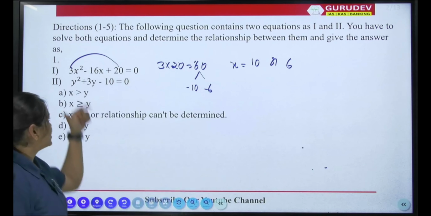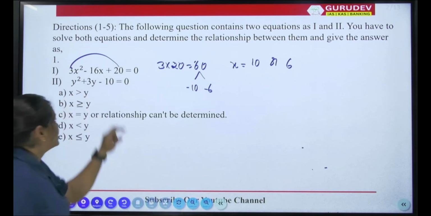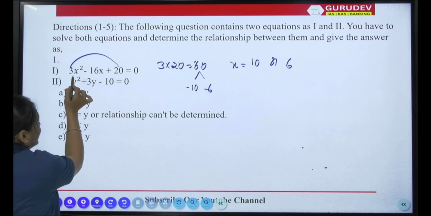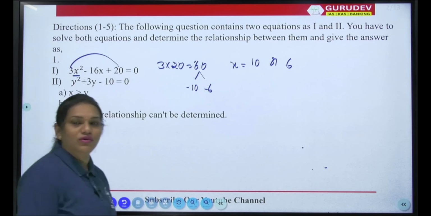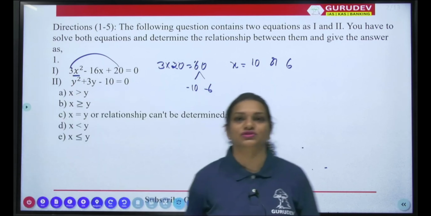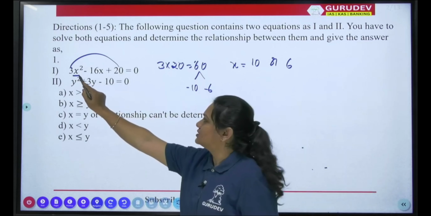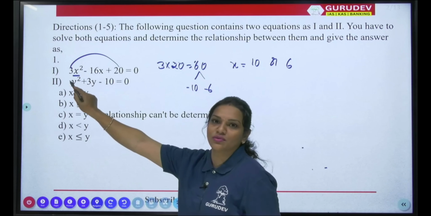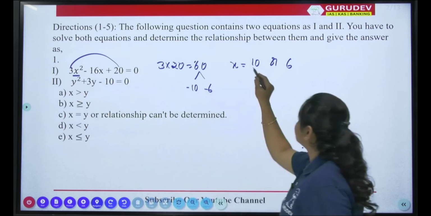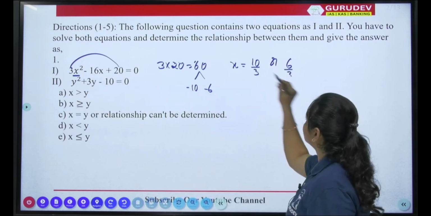But there is one small change here in the first equation. Whenever we have a coefficient of x square, we have to divide the roots by it. In the first question, the coefficient of x square is 3, so divide the roots by 3.